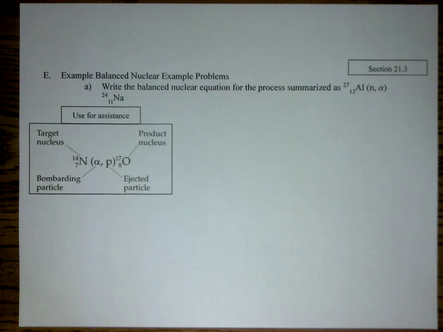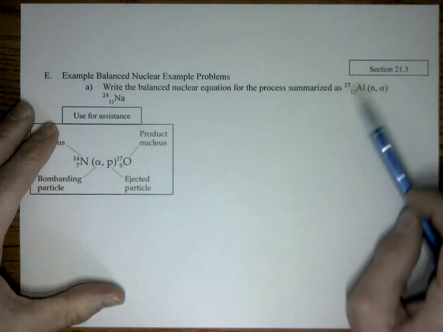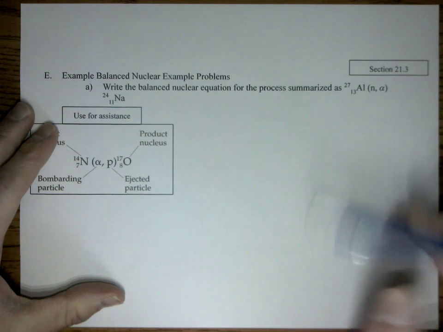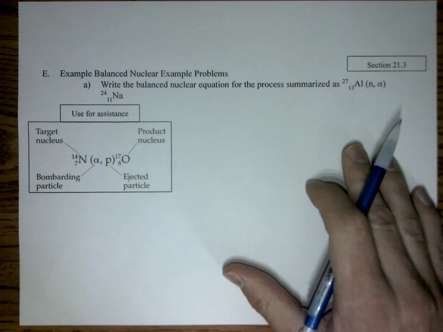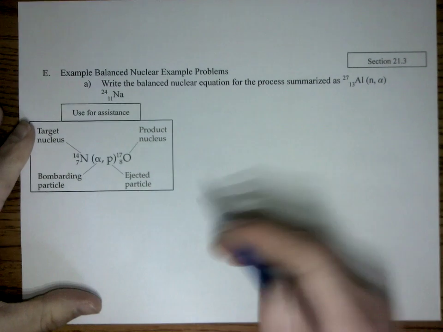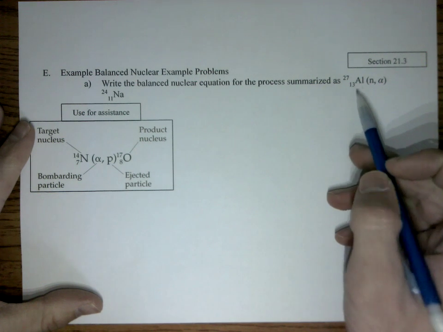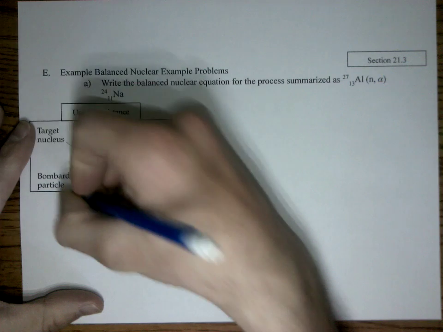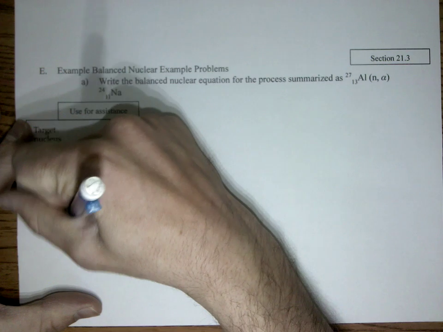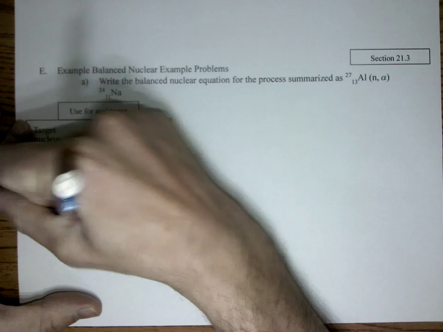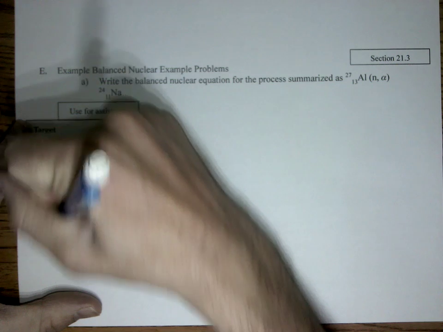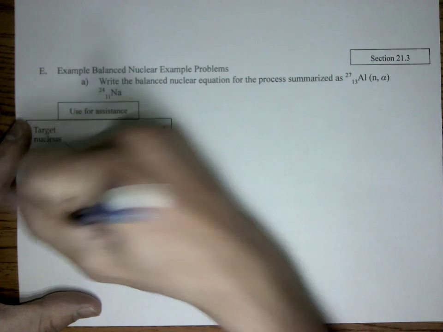Where we start with a nuclear transmutation is with our starting element, which is aluminum-27. All we're going to do is write aluminum-27 exactly how it's listed up here.